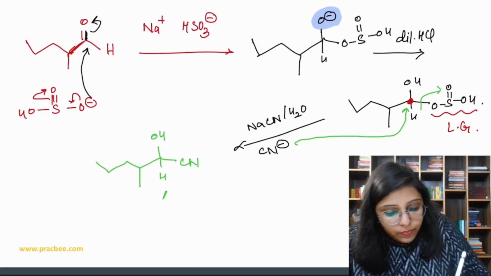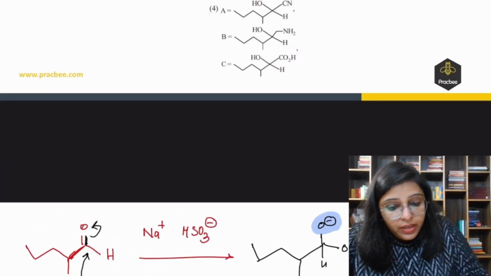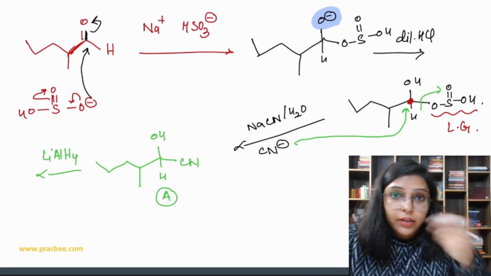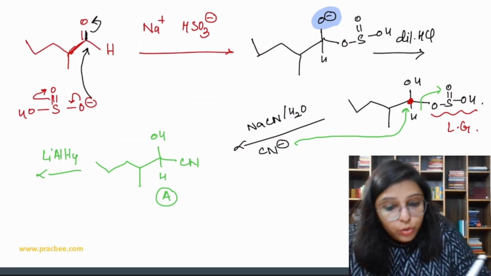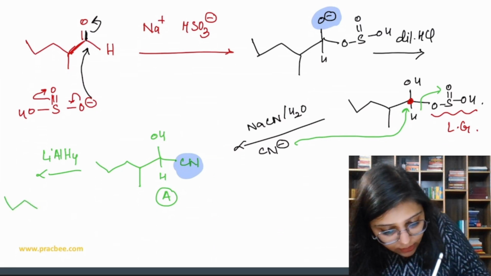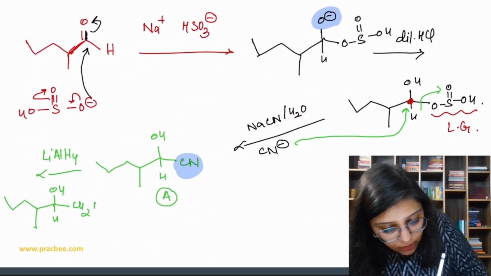So this is A. Now we have LiAlH4, it reduces cyanide to amines. So we write OH, H, CH2, NH2.